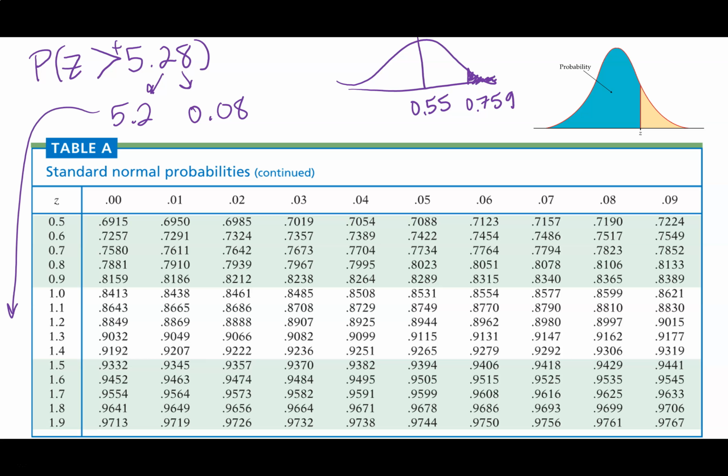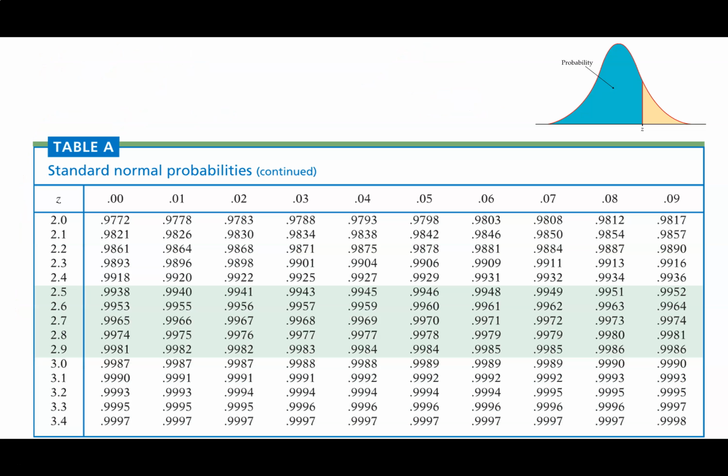So I have the entire z-table, the positive z-table split here. I go from 0.5 to 1.9. I go from 2 to 3.4. And then that's it here, right? It doesn't go higher.